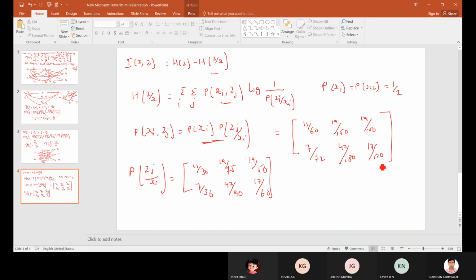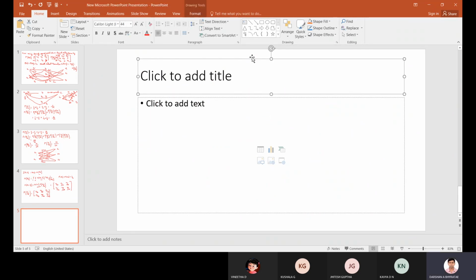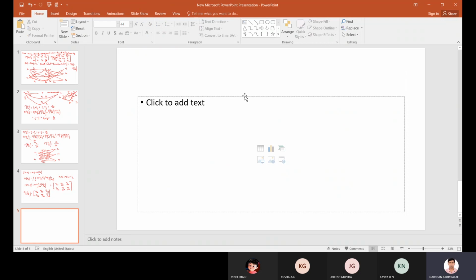So this is the joint probability matrix. Now we need to determine H of z by x.